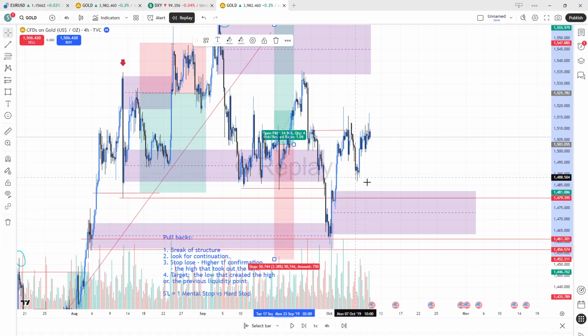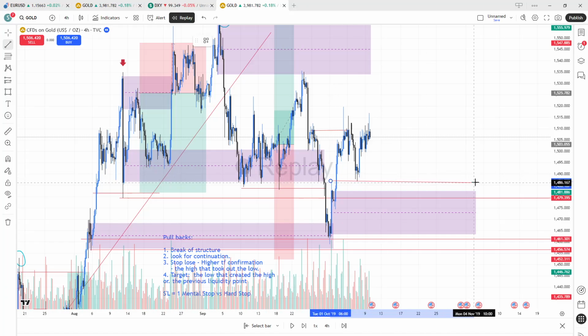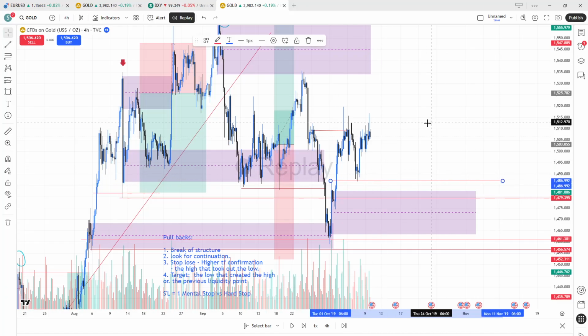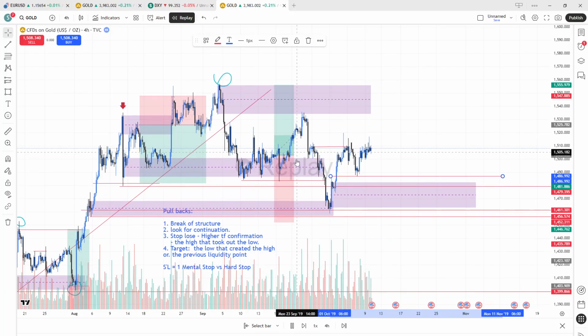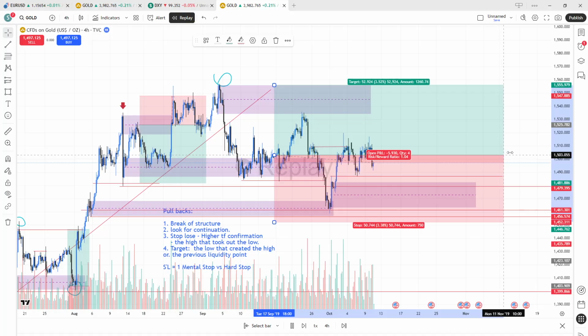This is just because it's going back to mediate something down here for it to go higher. So this is a bullish break of structure, coming back for a retracement for that continuation. So this is still in play.